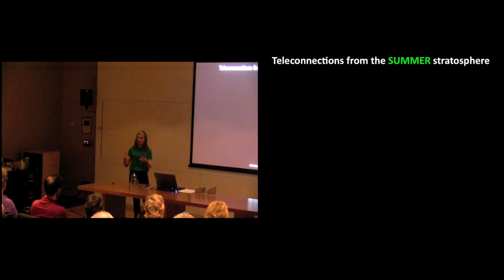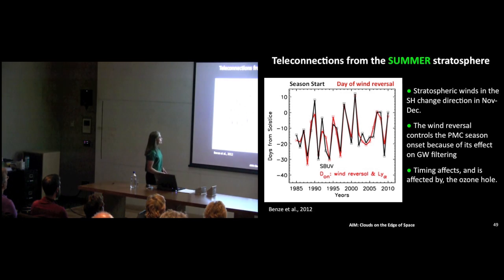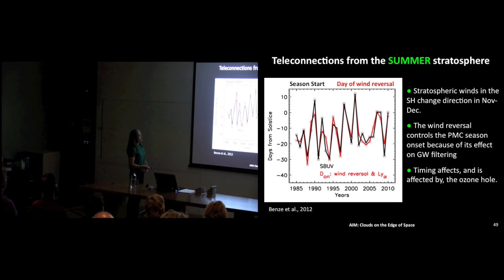Usually in the Northern Hemisphere, it switches around equinox or so. But in the Southern Hemisphere, the winter winds actually persist from March into December. And so when they switch, they can actually have a large effect on the mesosphere because of the change in the gravity wave filtering that ends up giving.